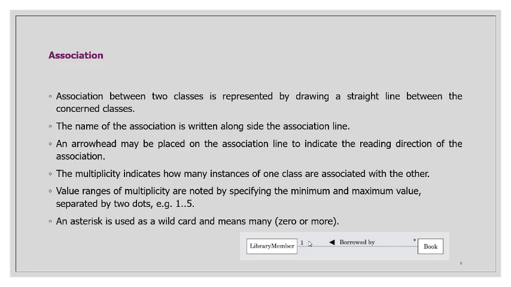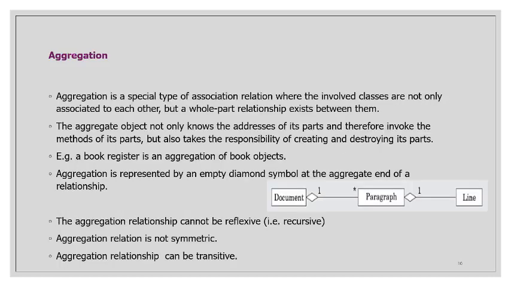Here we should read this as: many books may be borrowed by a library member. Associations are usually realized by assigning appropriate reference attributes of the classes involved. Association can be implemented using pointers from one object class to another class.